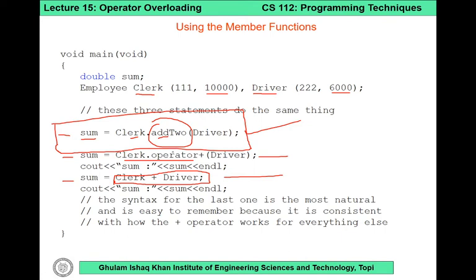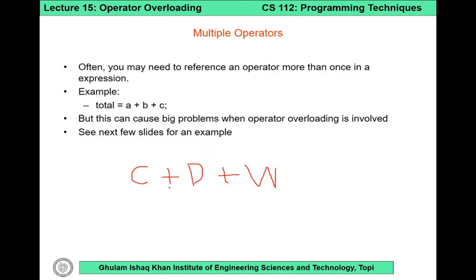So here there was no issue. We were simply adding two variables of the same class, right? But let's suppose we have a scenario like this, or let's have another instance as well. For example, this is clerk, this is driver, this is waiter, and let's say this person is a security guard, okay?